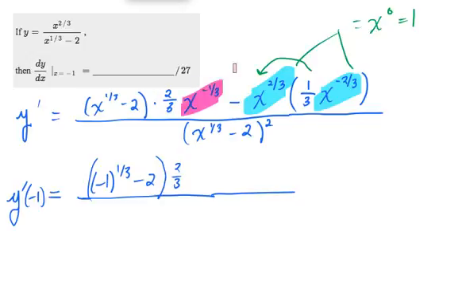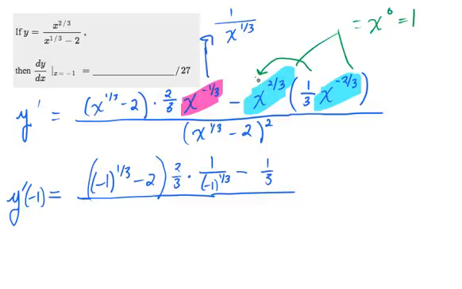X to the negative 1/3, that's the same as 1 over x to the positive 1/3. Okay, so when I plug in negative 1 for that, we're going to have 1 over negative 1 to the 1/3. Then right here we just have minus this 1/3 because those in blue canceled.